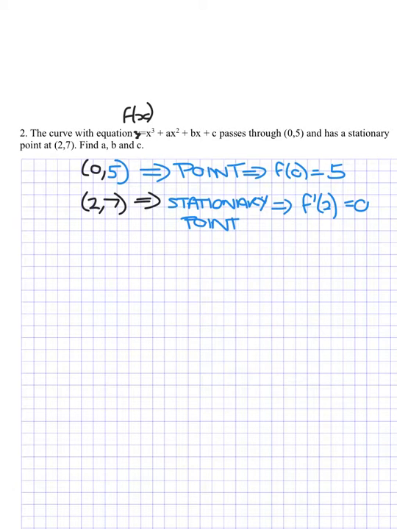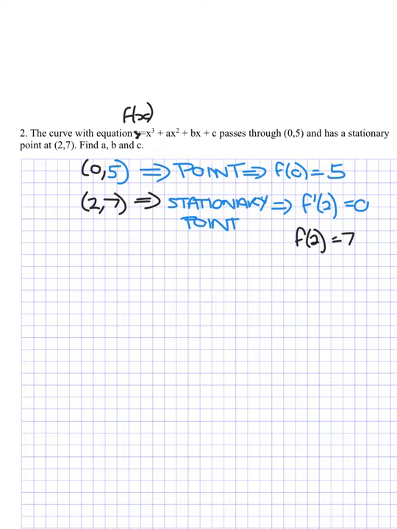And we also know, because it's a stationary point, that it does lie on the curve, so f of 2 equals 7. Not f dash of 2, but f of 2 equals 7, because we know it's a point that lies on the curve. So you've got 3 pieces of information there, which is wonderful because you've got 3 variables.